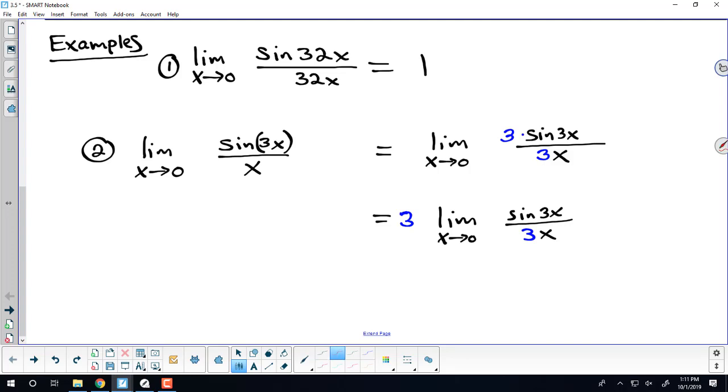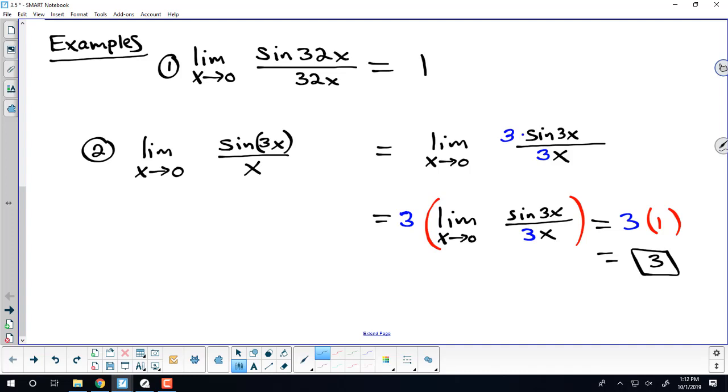So let me see, this right here is equal to 3 times 1, which is 3.